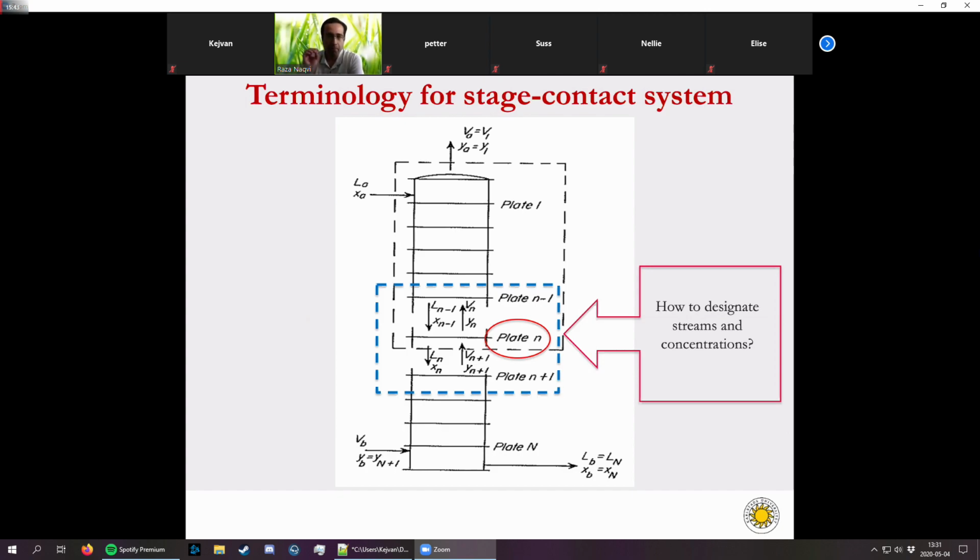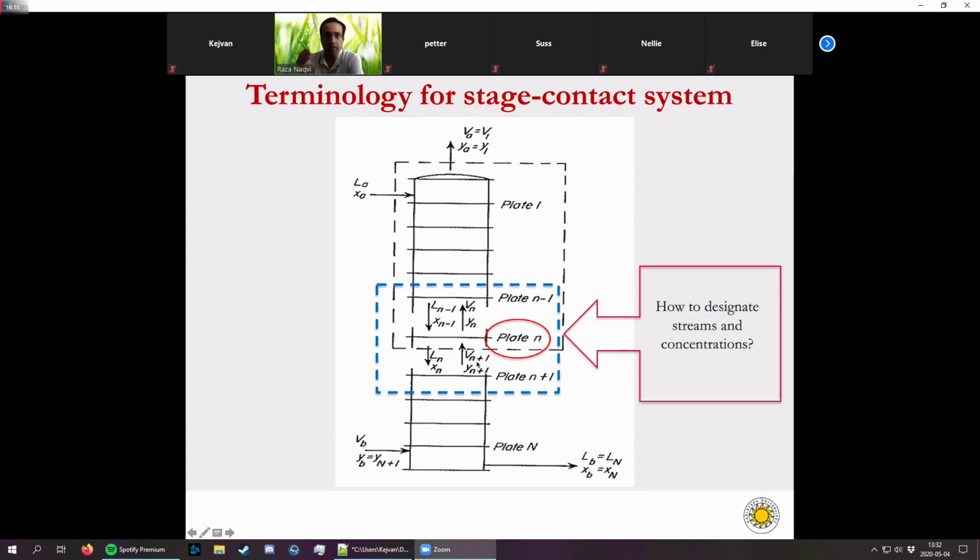There will be a vapor phase coming towards plate n, and a liquid phase entering plate n. Let's say the vapors are coming from the bottom. How can we name that stream? We name V as vapors, and since it is coming from plate n plus 1, we name it Vn+1.